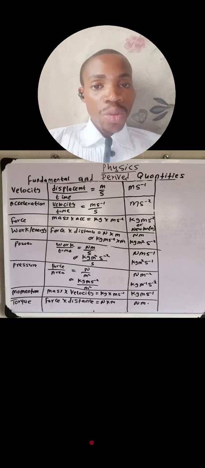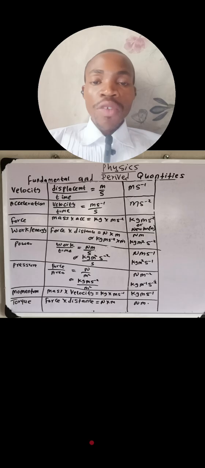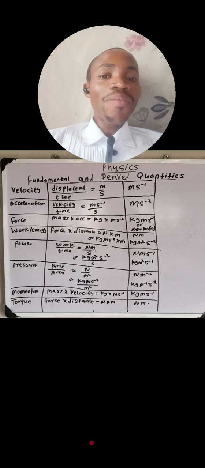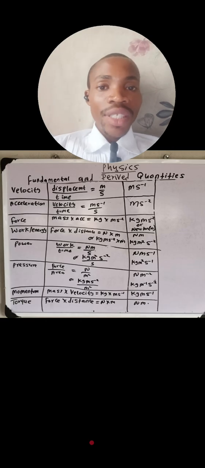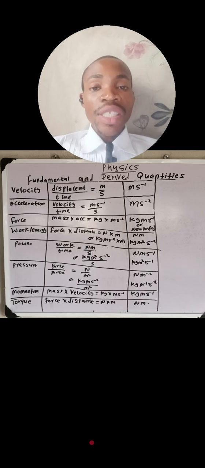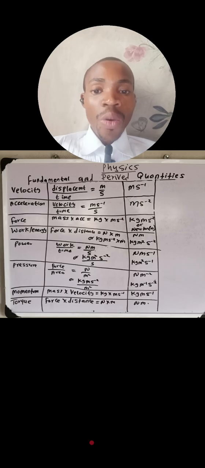Please take notes. In most of the past questions, they will ask you which of the following have the same derived unit. The quantities that have the same unit are majorly work, energy, and torque.